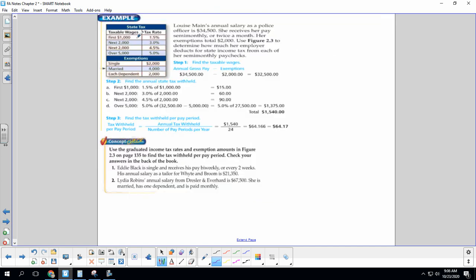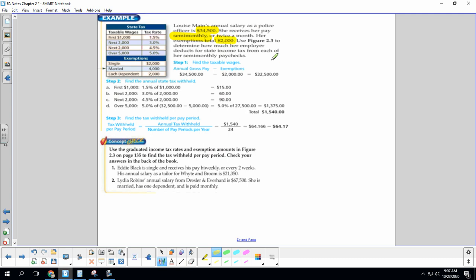Alrighty. So our example, Lois's annual salary as a police officer is $34,500. She receives her pay semi-monthly, or twice a month. Her exemptions total $2,000.